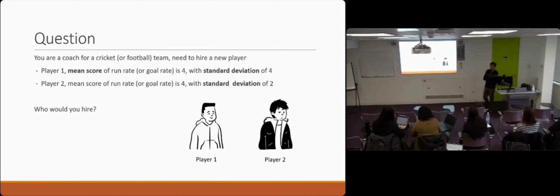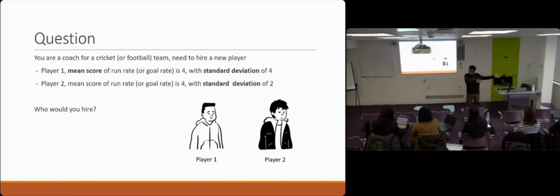So player 2. Why? Consistent. Why would you say consistent? Because the standard deviation is narrow. In a rough sense, you will say like this. 4 is the mean score, and standard deviation 4 means that the player can score 8 or 0, 68% of the time, right? 95% of the time, two standard deviations.